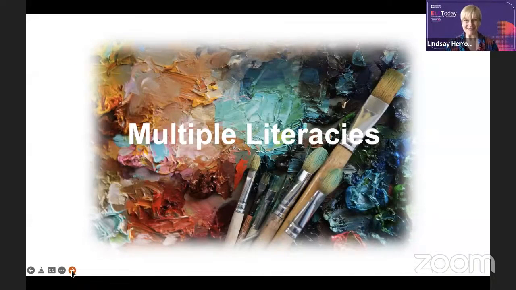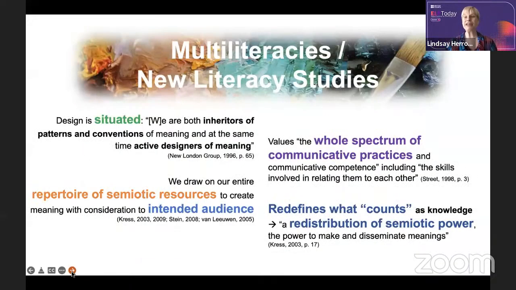And of course, one of the important things that Professor Lim touched on, multiple literacies. Projects, multimodal projects, especially digital multimodal projects, support new literacy studies idea of multiliteracies. This is what was introduced from the New London Group, the idea that design is situated.